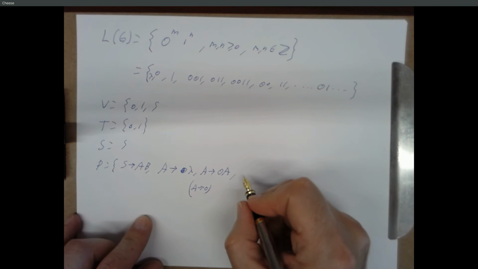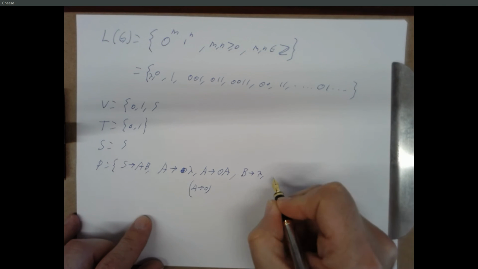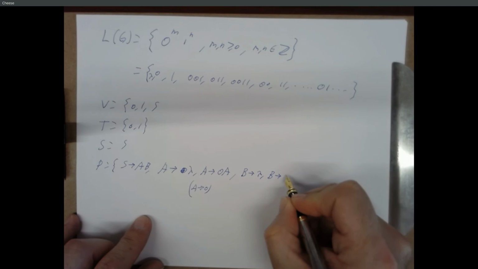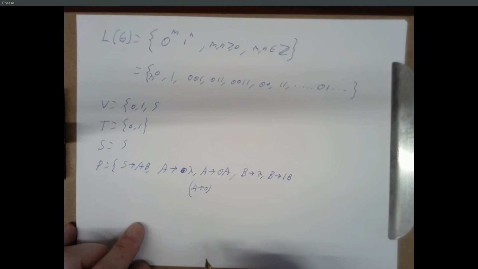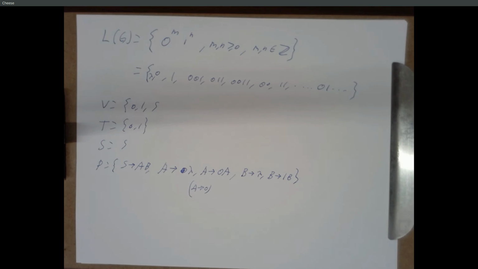Okay, and what about B? Same process, but B goes into lambda, or B goes into B1, or 1B. Does that do us? I think that does us perfectly. That's awesome. So our start symbol gives us A and B, and we're thinking A is a bunch of zeros, B is a bunch of ones.